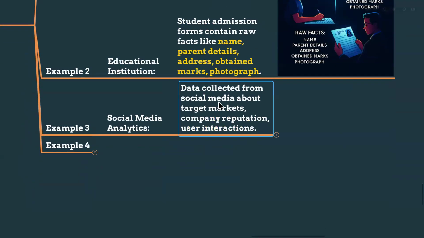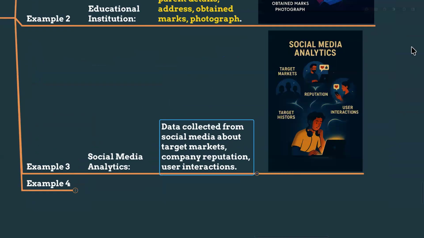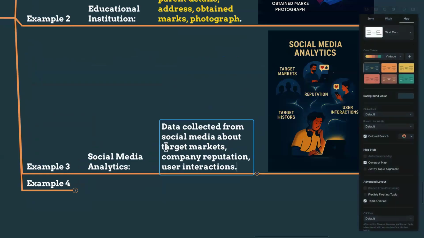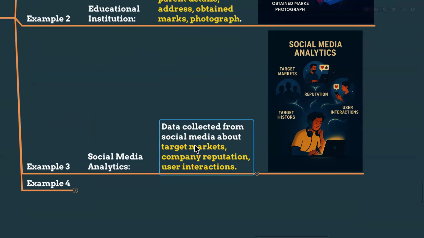As well as in social media analytics, my dears, data is collected from social media about target markets, company reputation and user interactions. Instagram is very famous for gaining leads, in the sense of people who are interested in our products, because Instagram is more influential with user behavior.